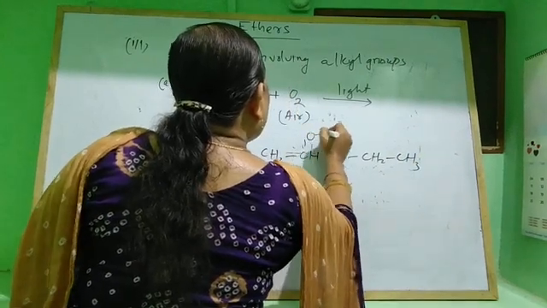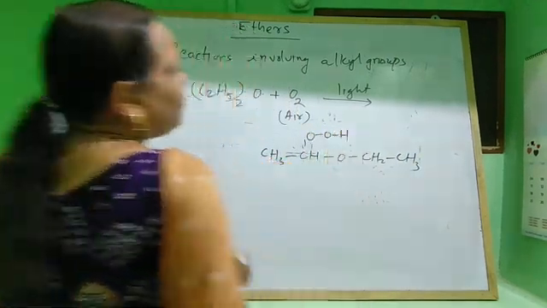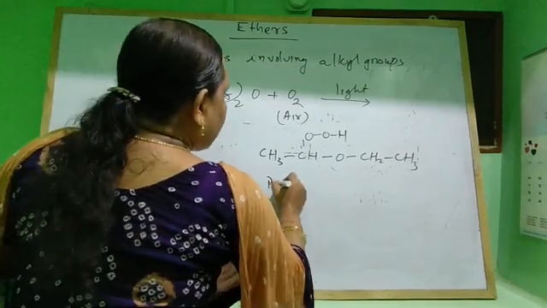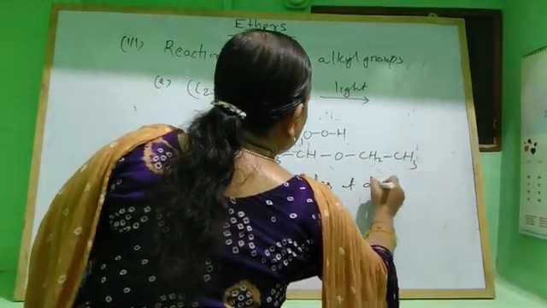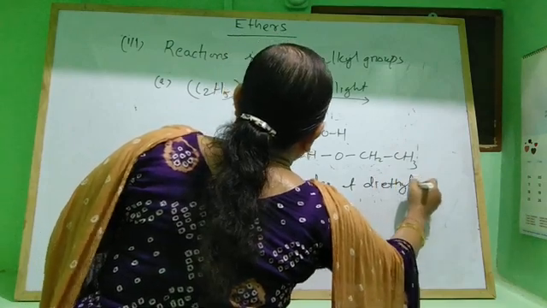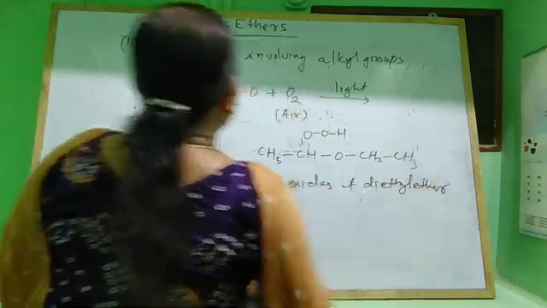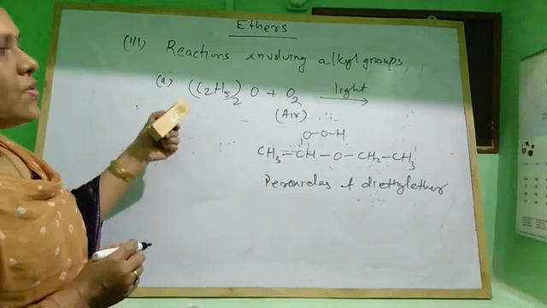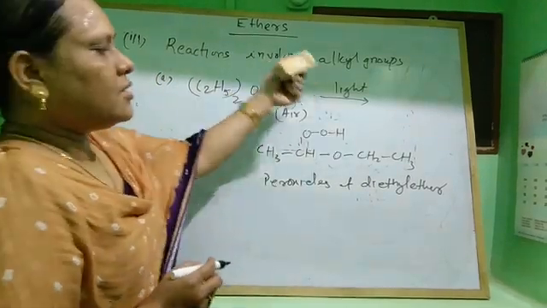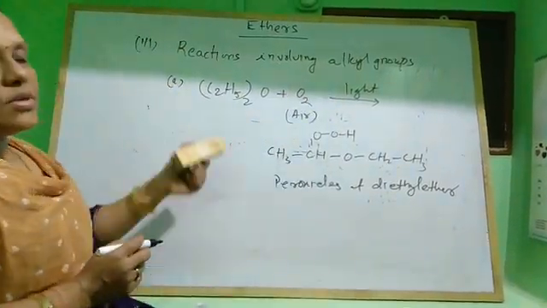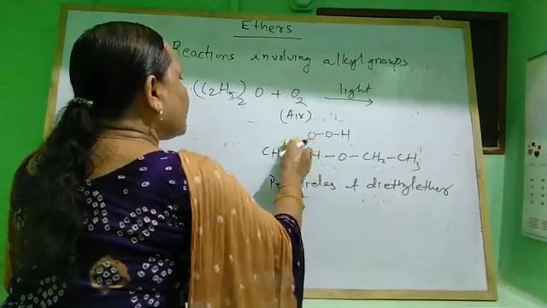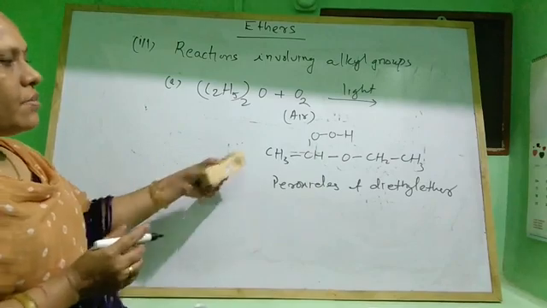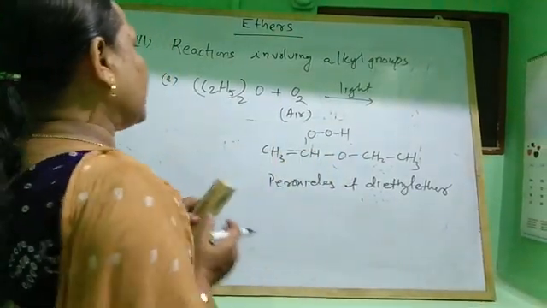Here it undergoes oxidation to form peroxides of diethyl ether. Ether undergoing aerial oxidation in the presence of light forms peroxides to some extent.